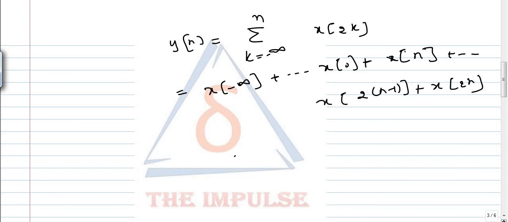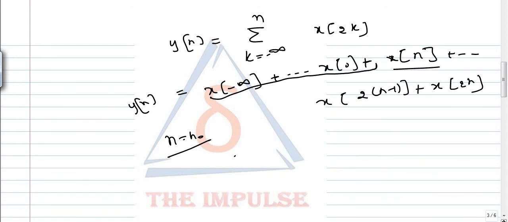So if we take n equals n naught, the present time, then we can see this output depends upon up to n minus 1, which is the past time, this is the present time, and the rest is the future time. So my output depends not only on the present time and past time, but also the future time. So this system is a non-causal system.